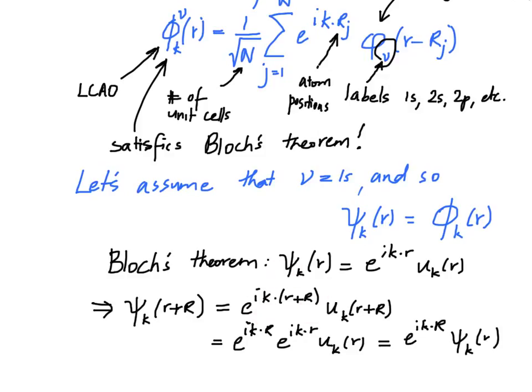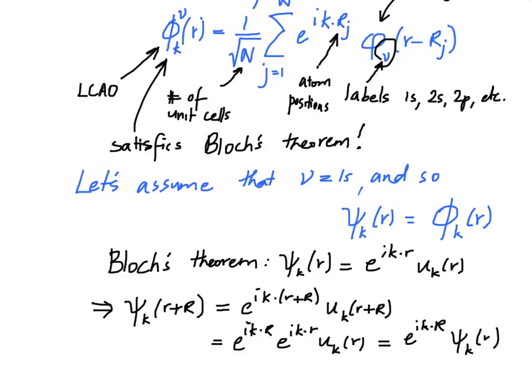E to the i k dot r plus R is written as e to the i k dot capital R times e to the i k dot small r, and remember that u k of r is a periodic function, and so u k of r plus capital R is the same as u k of r.